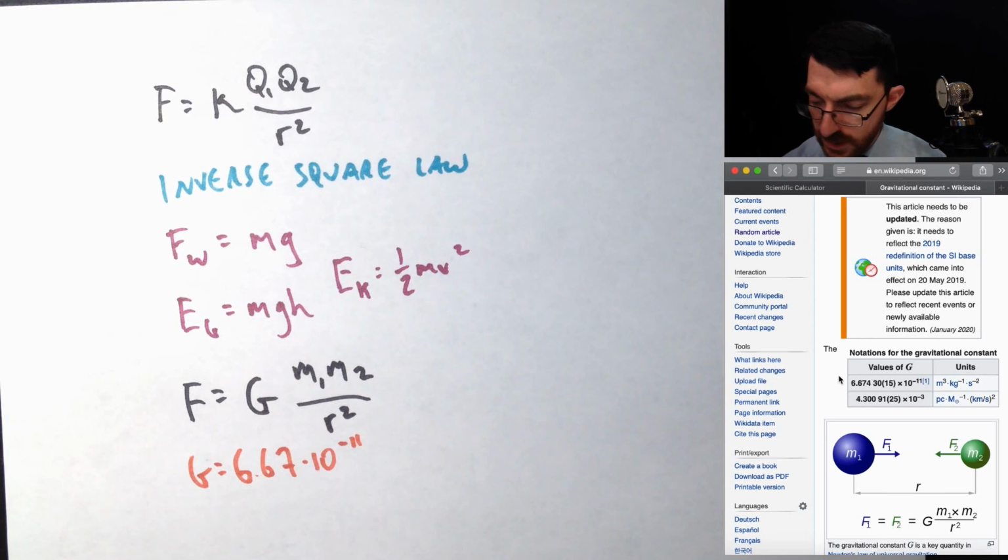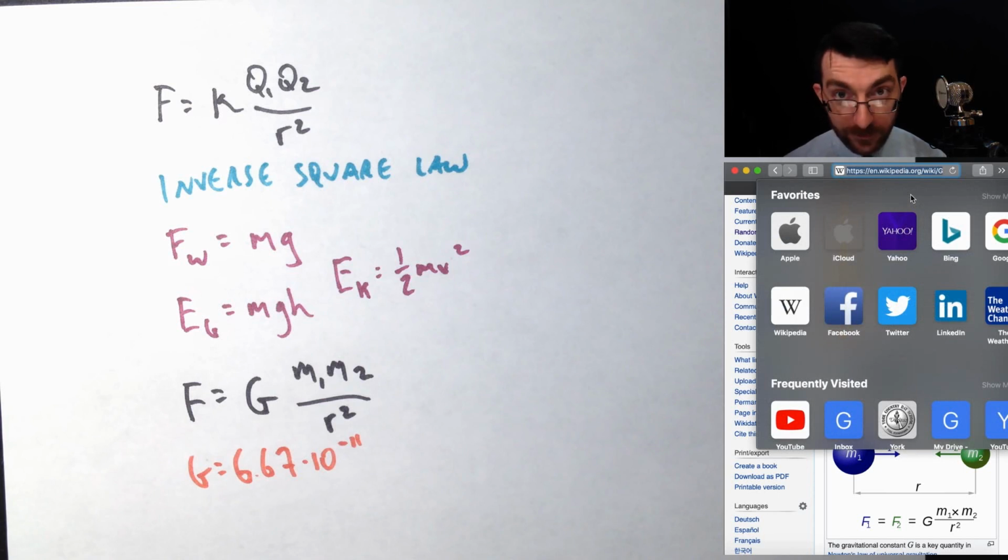Now, since we're going to be doing some math with this equation, we're going to need two masses, and the two most obvious masses we can do are the Earth and, well, I guess me. As always, you can use your own mass if you'd like. I just don't like to volunteer other people's masses for problems.